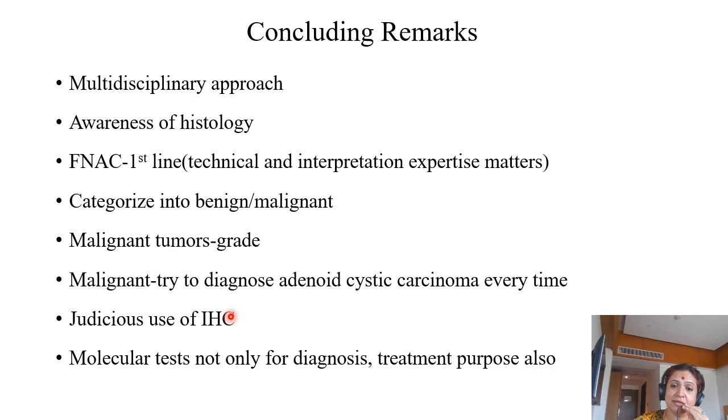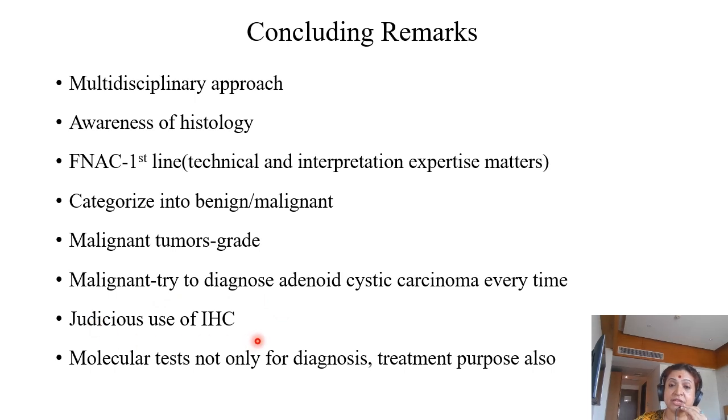In case of malignant tumors, if it is an adenoid cystic carcinoma, try not to miss that diagnosis because it is of great importance in planning the surgery and maybe giving an intraoperative frozen consultation for margin status. You have to have judicious use of IHC. There are IHCs newly available.